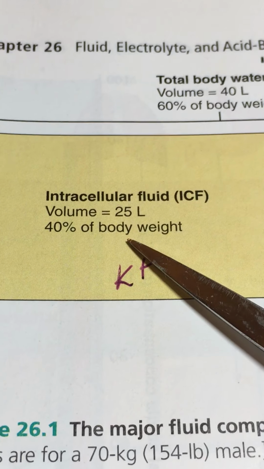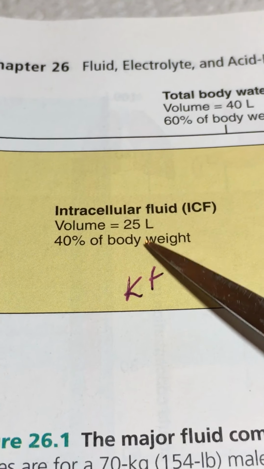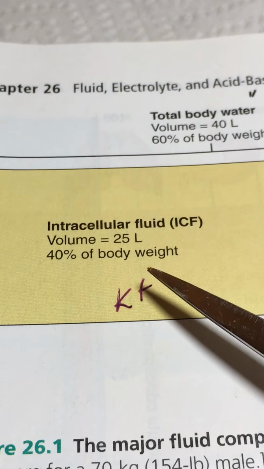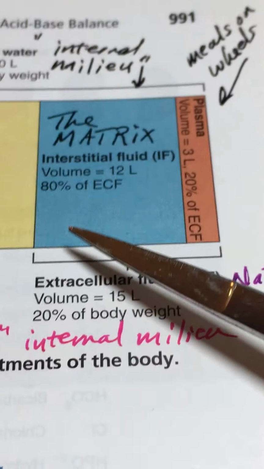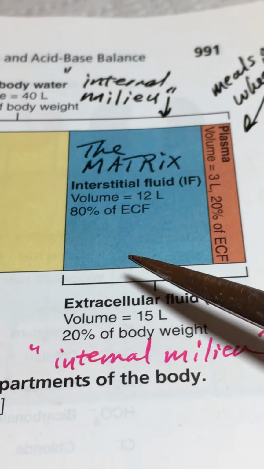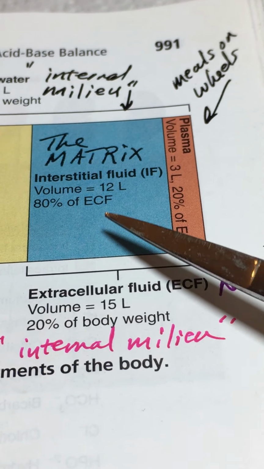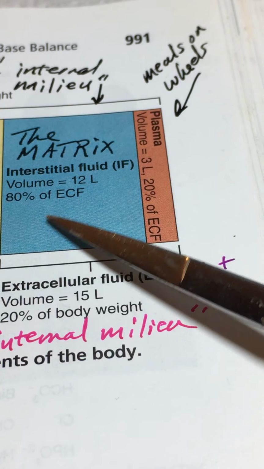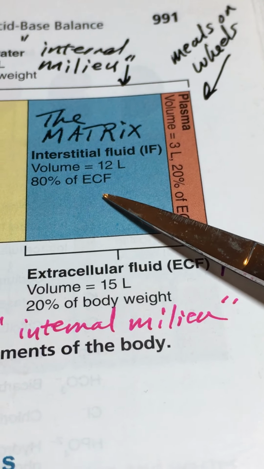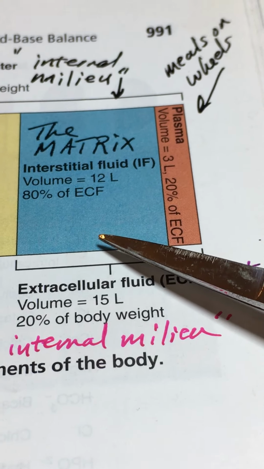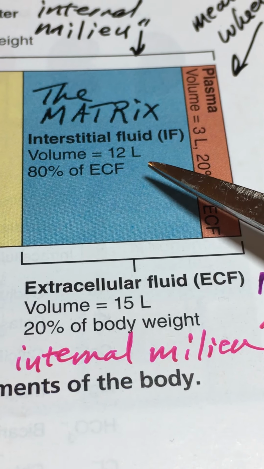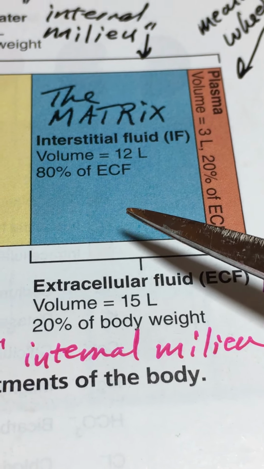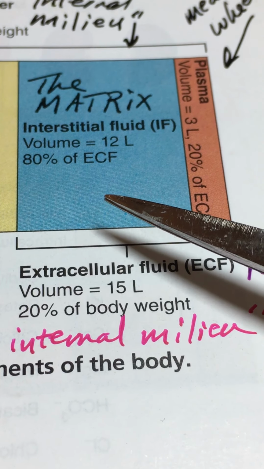So that would be 5/8, which is more than half of the water inside the cells, and then the rest of it is outside. 3/8 of the water is outside of the cell, and this would be identified as the matrix. Okay, so one could say the endothelial matrix, the interstitial fluid regions of the body that are outside of cells.